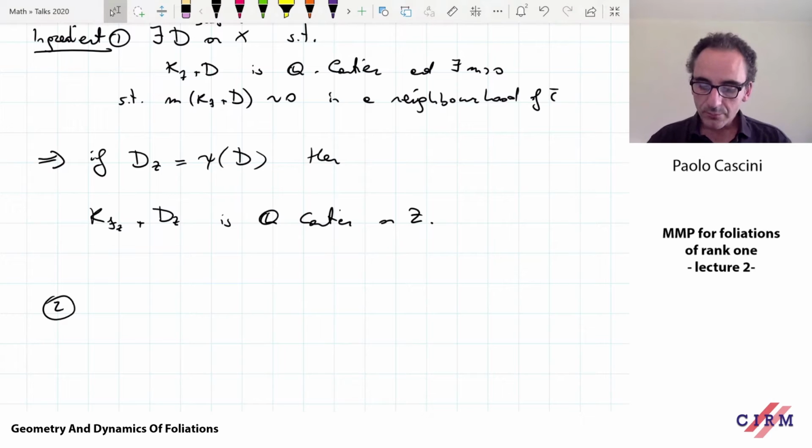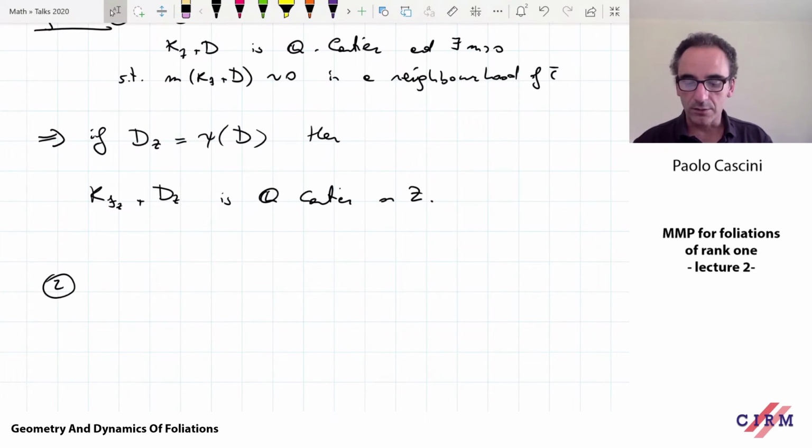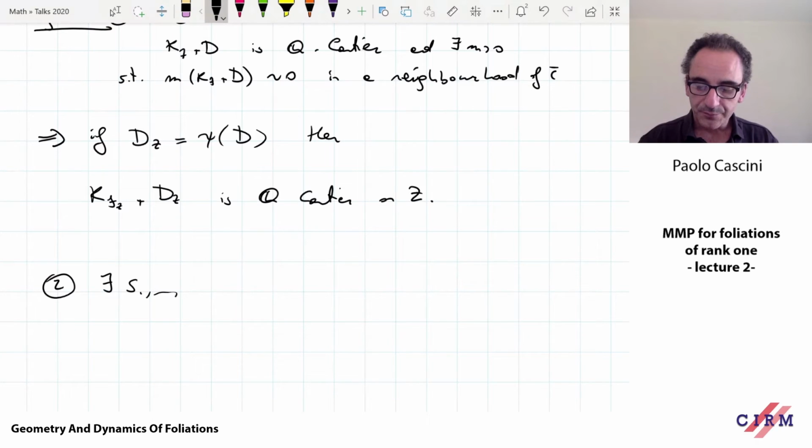So, of course, I'm hiding a lot of technical details, but by doing this trick, we can show that there exists an invariant divisor for this foliation containing the point Z.